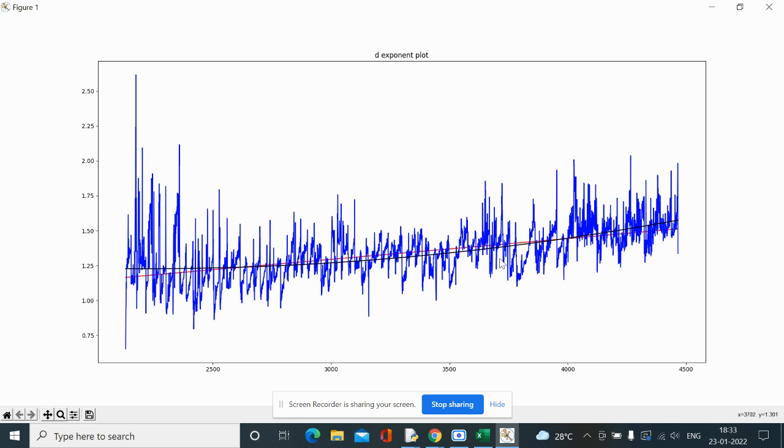As we progress in depth, the d exponent is also increasing, which means there isn't any undercompaction in this zone, except maybe in this portion or this portion. Otherwise it's almost a linear straight line.